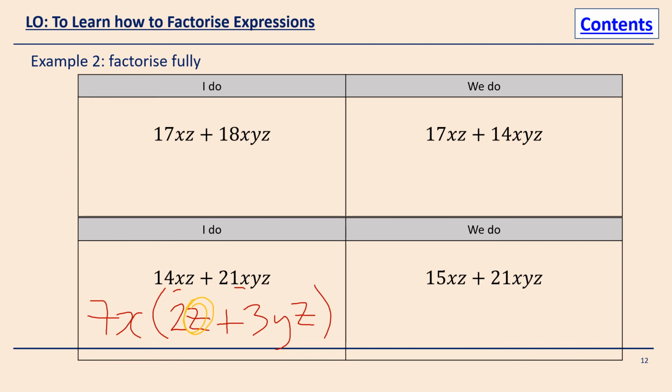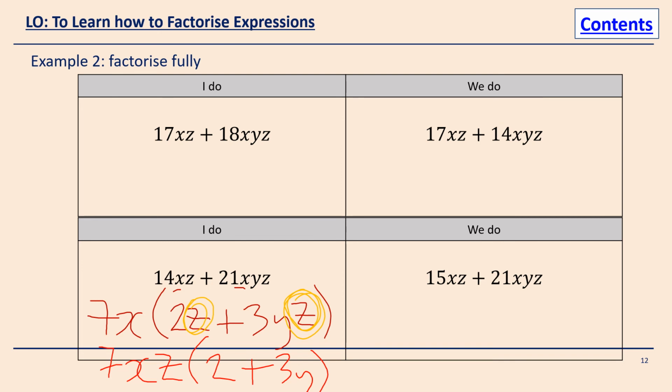No. z is actually in both of them. So really, we should have 7xz, 2 on the inside. So we're now 7xz times 2 is going to give us 14xz. 7xz times 3y is going to give us 21xyz.